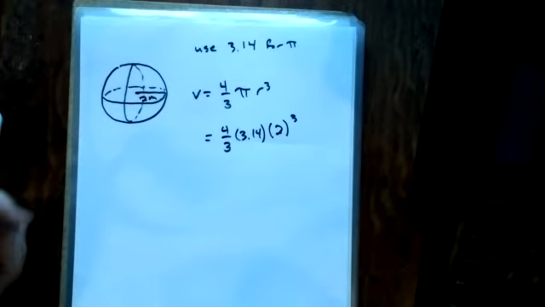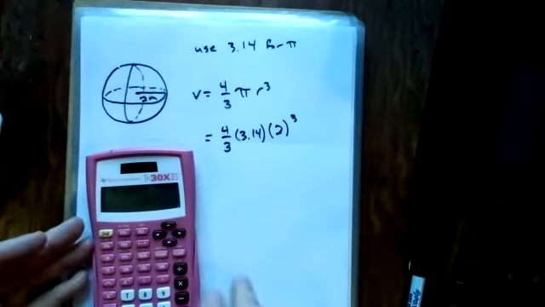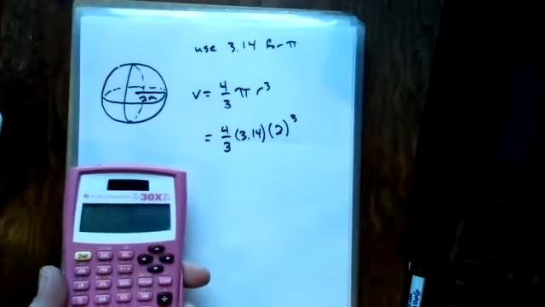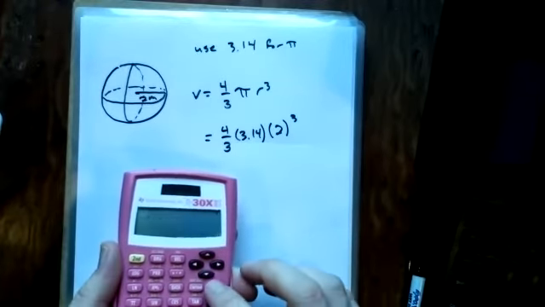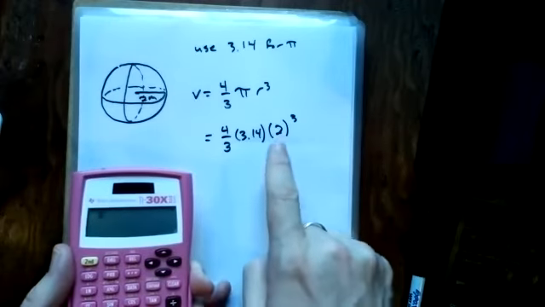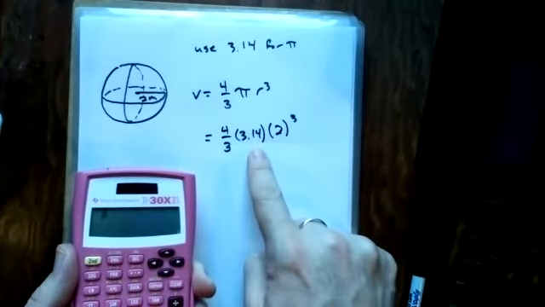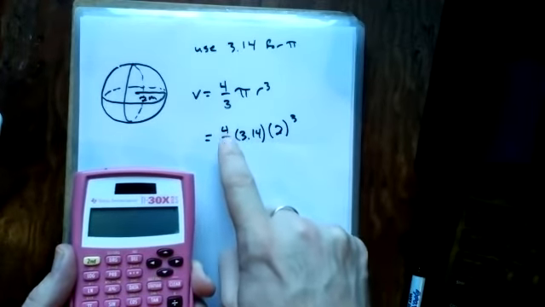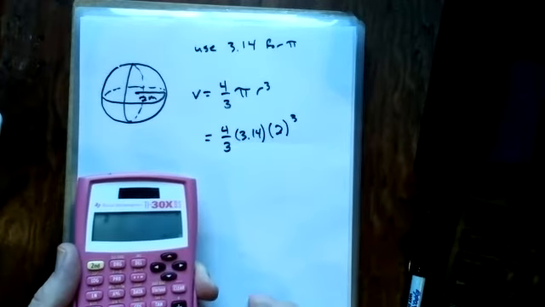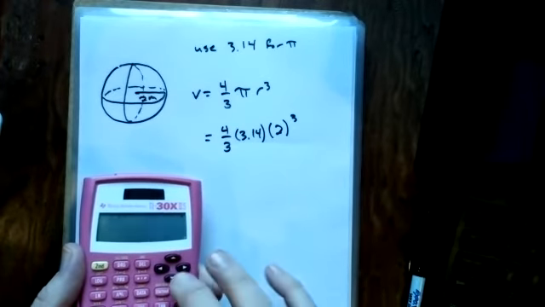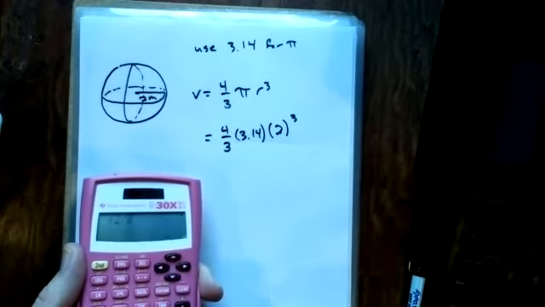And if I were to put this into a calculator, you could put this all into a calculator all at once, frequently. If you don't want to do that, I would say do this first, then multiply by that, then multiply by 4 and divide by 3. But most of your calculators could handle doing this just as is.